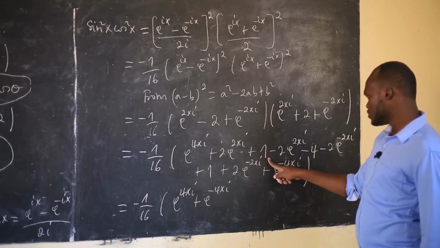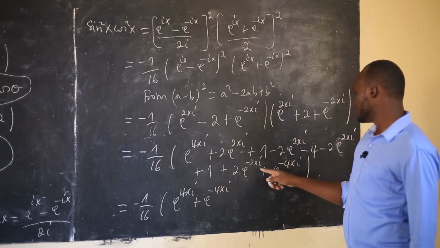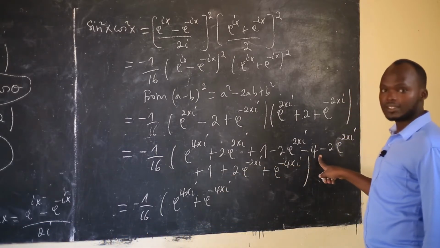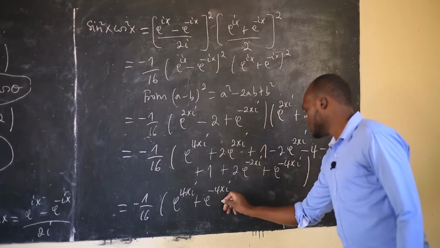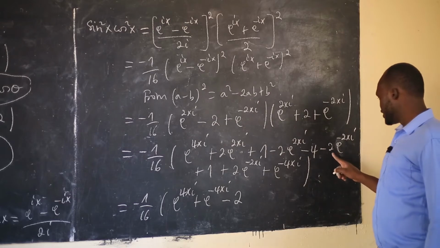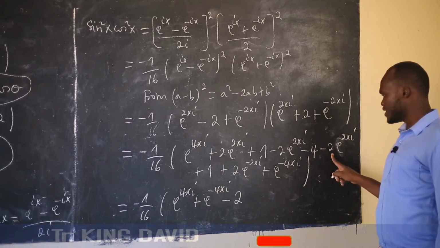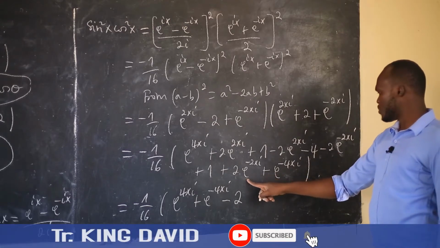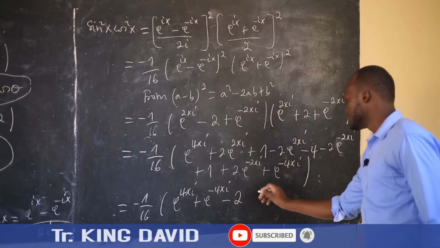Then 1 plus 1, that is 2. 2 minus 4, that's negative 2. Then negative 2 e power negative 2xi with positive 2 e power negative 2xi, that is 0.